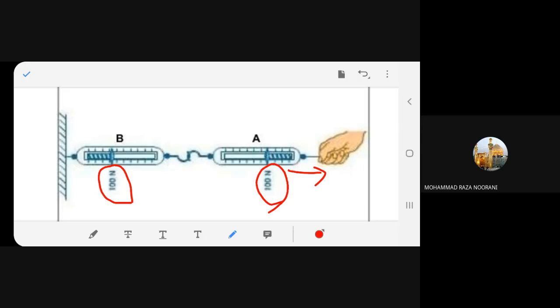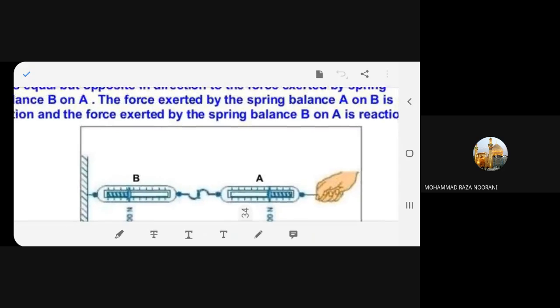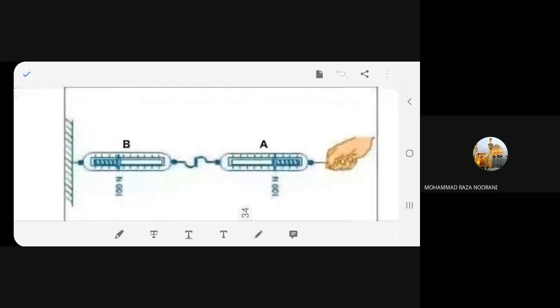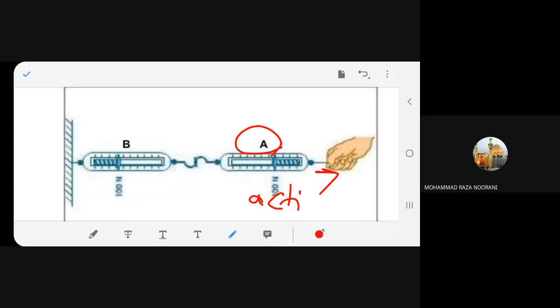So I am pulling A, so A is action on B. This is action and this is reaction.